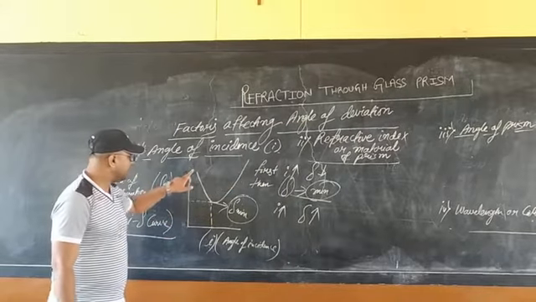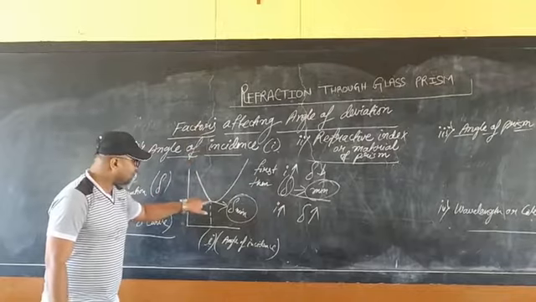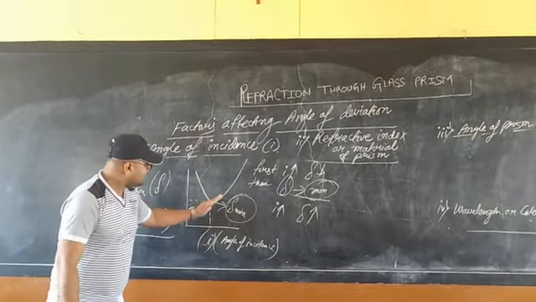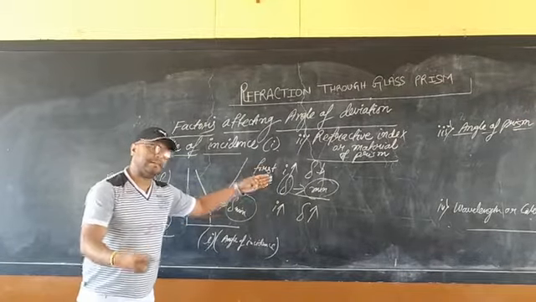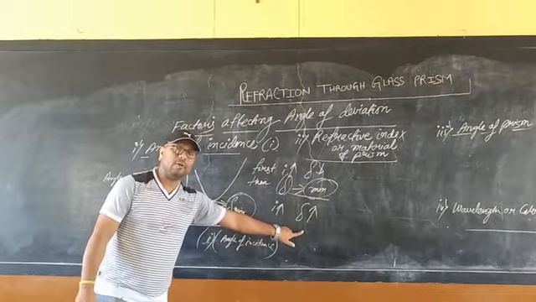So in the beginning it is decreasing with the increase of angle of incidence, and after this minimum angle of deviation, when it crosses that value, it becomes directly proportional, meaning if I increases, then angle of deviation also increases. I hope it is clear to you.